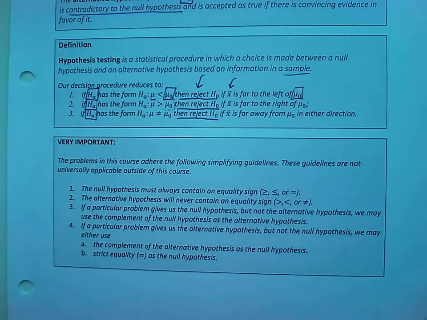Alright. So now let's take a look at these hypothesis statements. We have a general idea of what a hypothesis is. We have a general idea that there's really two hypotheses, a null hypothesis and an alternative hypothesis. And one we believe to be true, and the other one is the contrary to it.